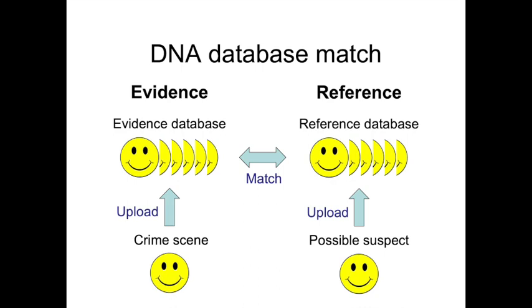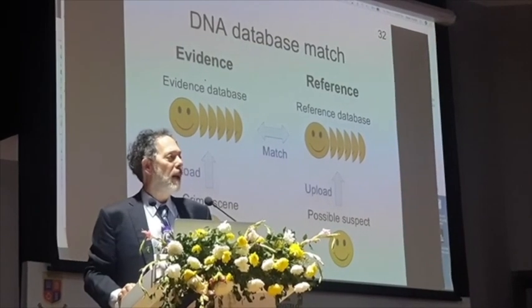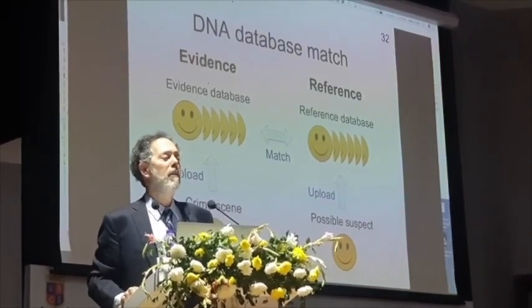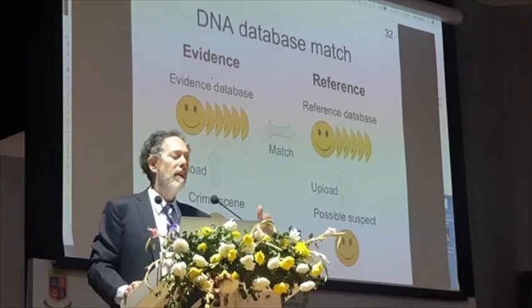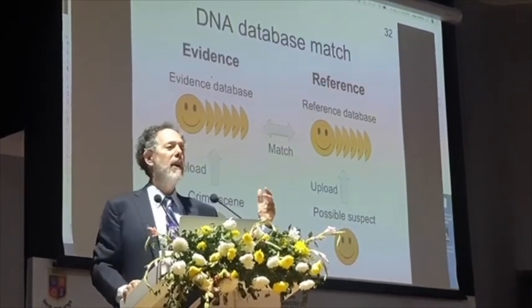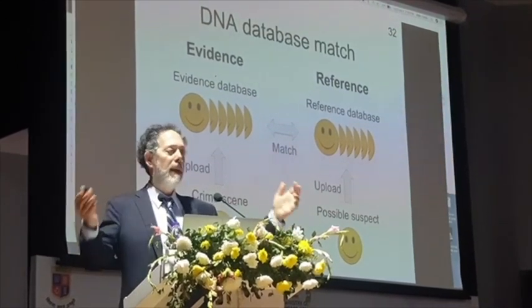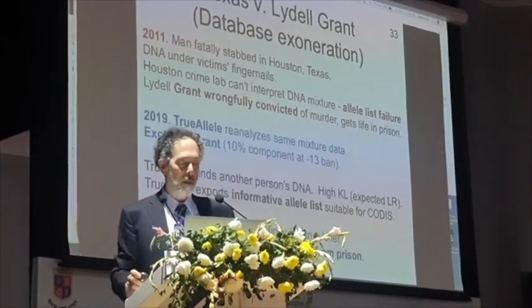They can upload reference samples to the reference part of the database, and then the matching can automatically happen at the database level with the information being sent back to the participating labs so they can solve cold cases. So every study that validates that a method is working, like TrueAllele for casework, since the TrueAllele database uses the same math and the same matcher, also shows that the database works well.